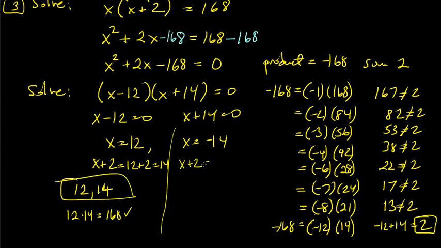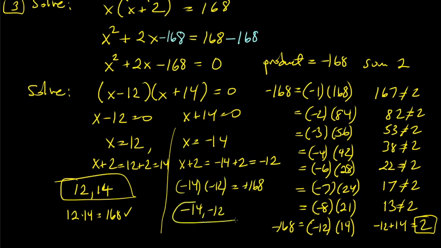What's the next consecutive even number? Negative 16? No, that's going the other way. Negative 14 plus 2 is negative 12. So negative 14 times negative 12 is also positive 168. So negative 14 and negative 12 are also consecutive even numbers whose product is 168.